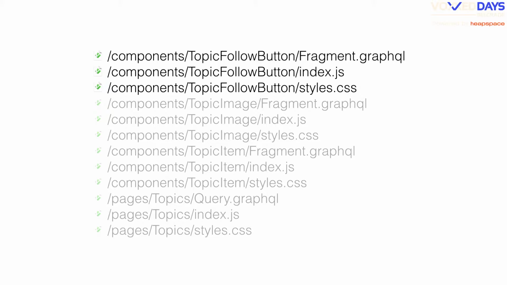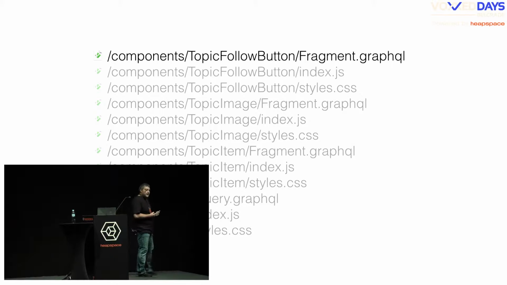Because we use CSS modules, all the styles are localized to a single component. And we have the GraphQL fragment. With the GraphQL fragment, we express what data this component needs to be rendered on the screen. And having those components in packages, we can add additional files like utility functions, subcomponents, and all that nice stuff. And this is how we organize.